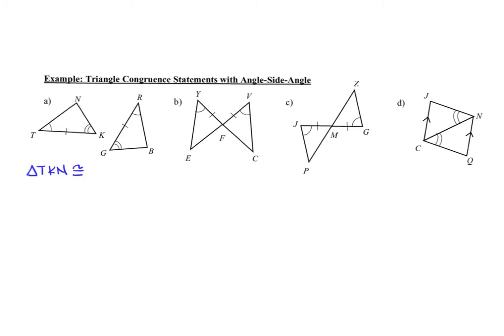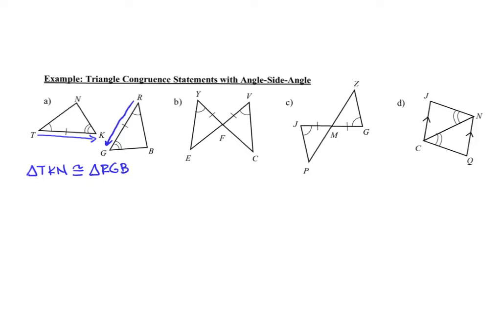If I start at T, which is the angle with the one arc mark, and go towards K, I have to start at that same one angle and go towards the angle that has the two arc marks. So that would be from R to G. So it would be triangle RGB.